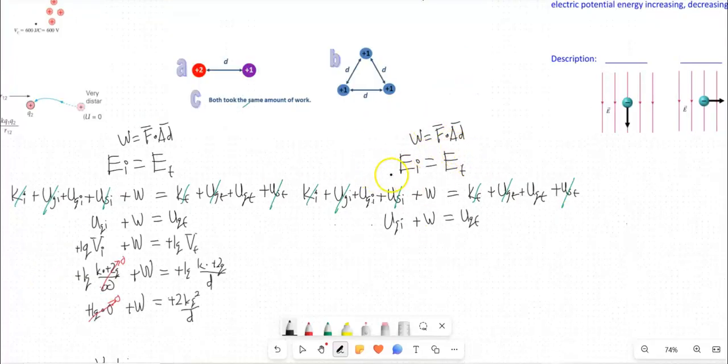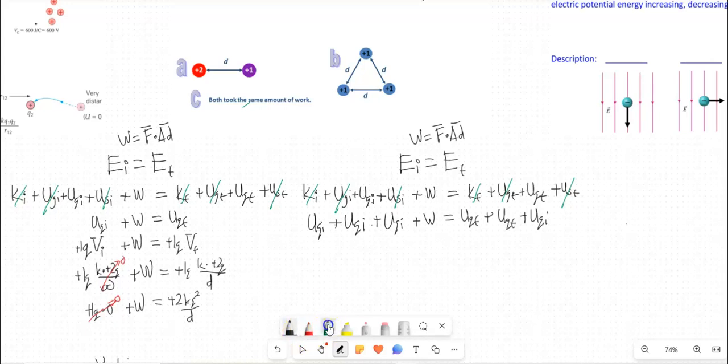Okay, so this part is for the 3 particles. Just like we learned, they're all at an infinite distance away, and technically there would be 3 different initial potential energies, and there would be 3 different final potential energies as well.